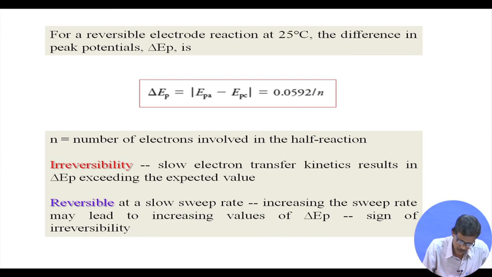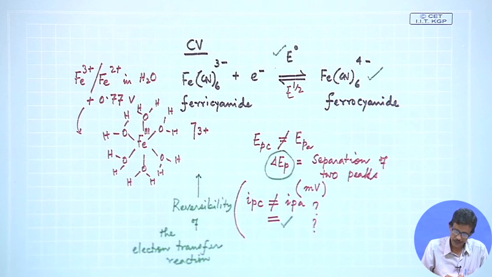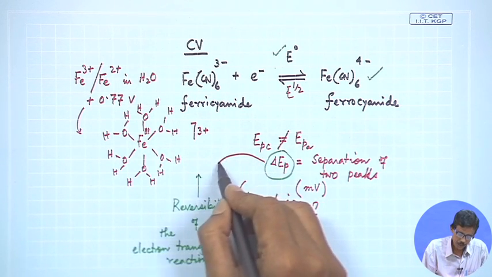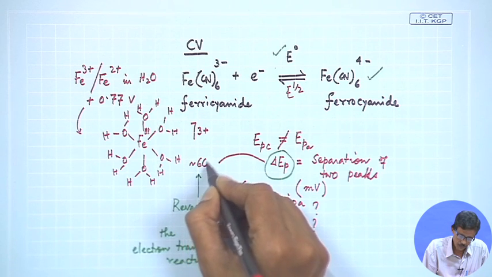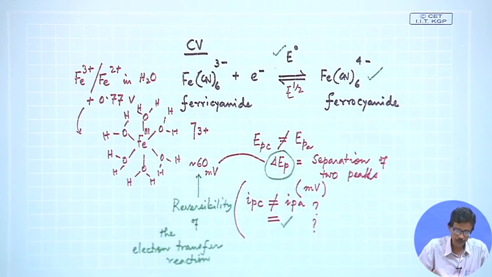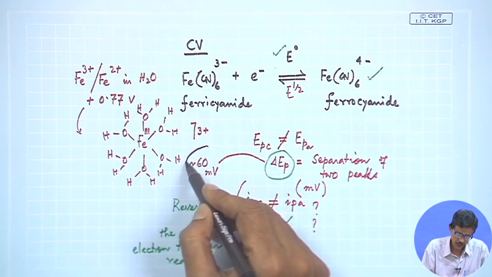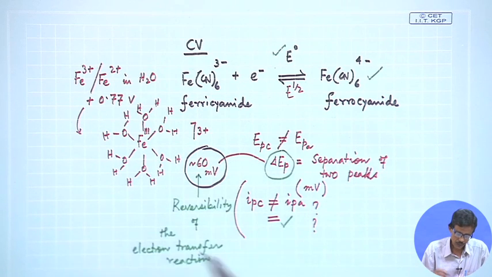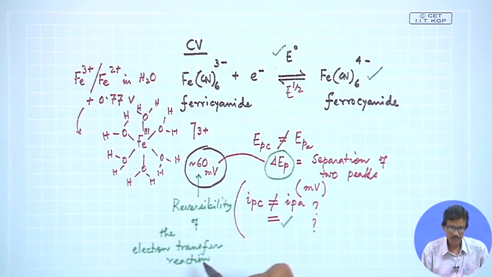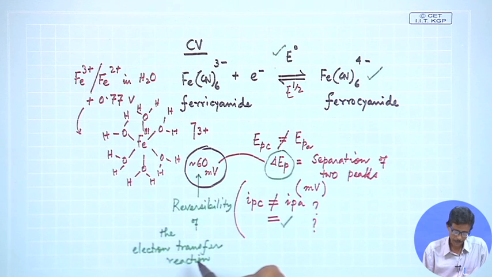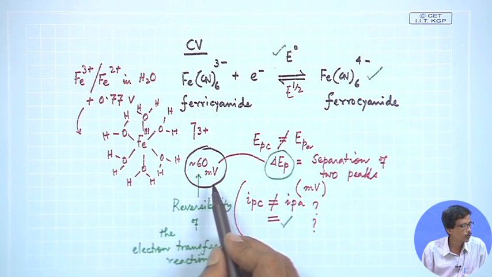So, the criterion for reversibility for this type of electron transfer is that delta EP should be around 60 millivolt. If we get a delta EP of 60 millivolt, we consider this a reversible electron transfer reaction. That is very important to understand.